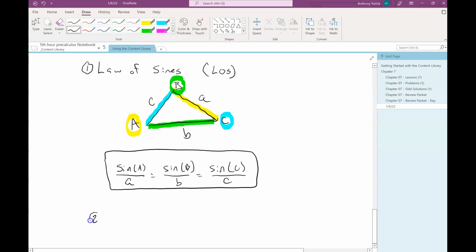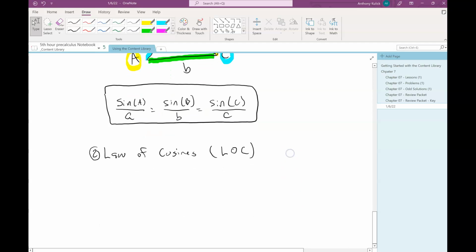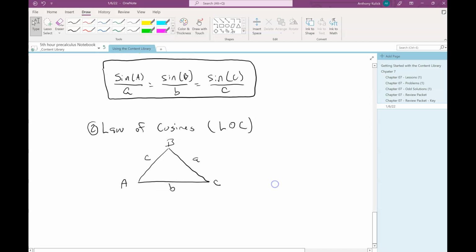Our second tool is called the Law of Cosines. I'm going to abbreviate that as LOC. So if we take any triangle and we name it the same way, the following equations all hold.